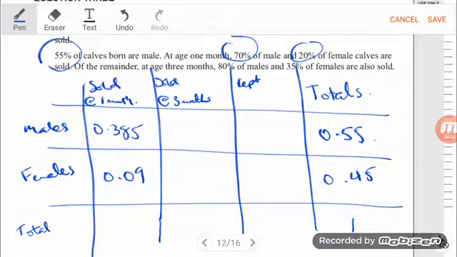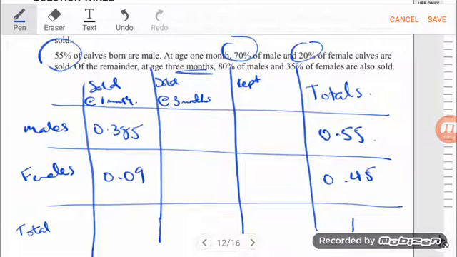Sold at 3 months, we've got 80%. Now it is so easy here to just go 0.8 times 0.55, but you've got to remember that at 3 months, we've only got the ones that were kept. So this is where it is not as obvious as the probability tree, okay? We have to make sure that we're calculating the right things. We cannot just say 80% of the original amount because the original amount is invalid at this point because we've already sold some of them.